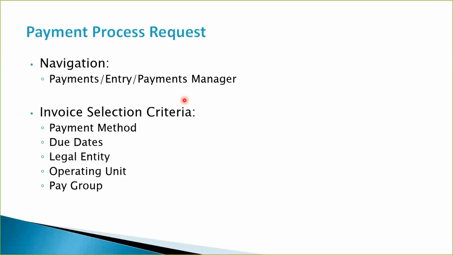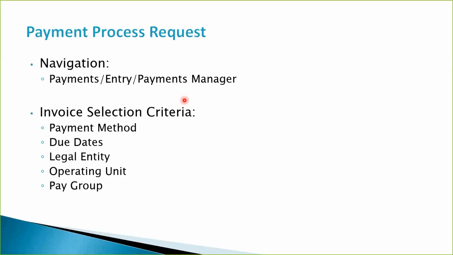Just a bit of a reminder of the payment process request. That's the navigation of how we get to the window where we create a payment process request. We know a payment process request, we run it in order to pay multiple invoices.